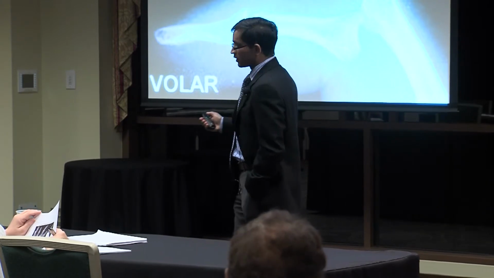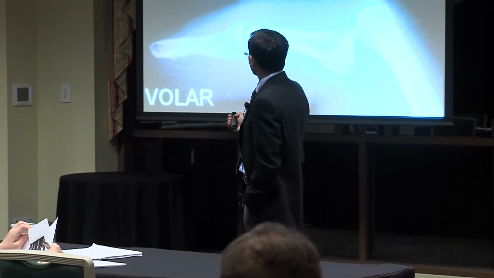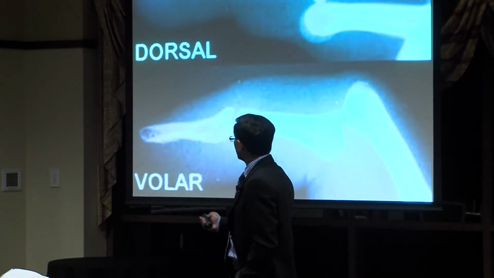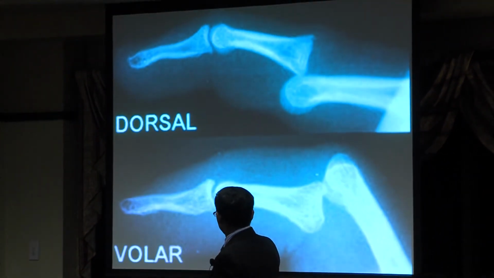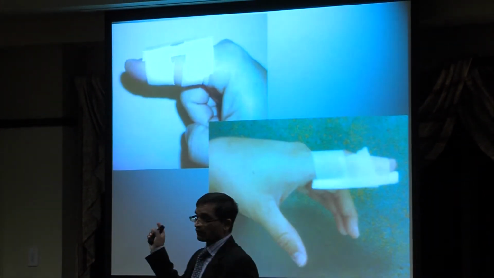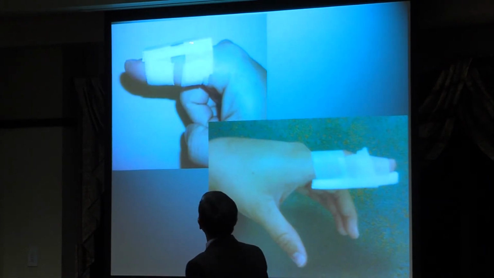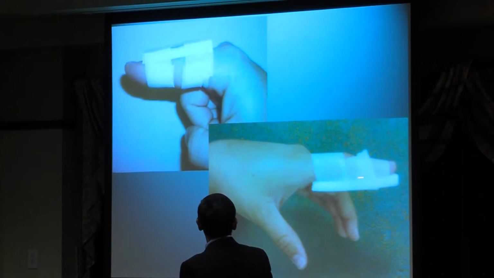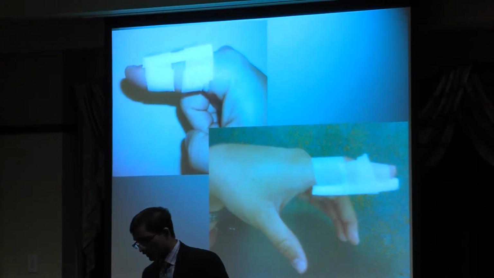So it can be volar or dorsal, and once you reduce, the splint should go on the side of dislocation. This we have to keep in mind. If it is a dorsal dislocation, it has to be on the dorsal side, and in a volar dislocation, it has to be on the volar side.